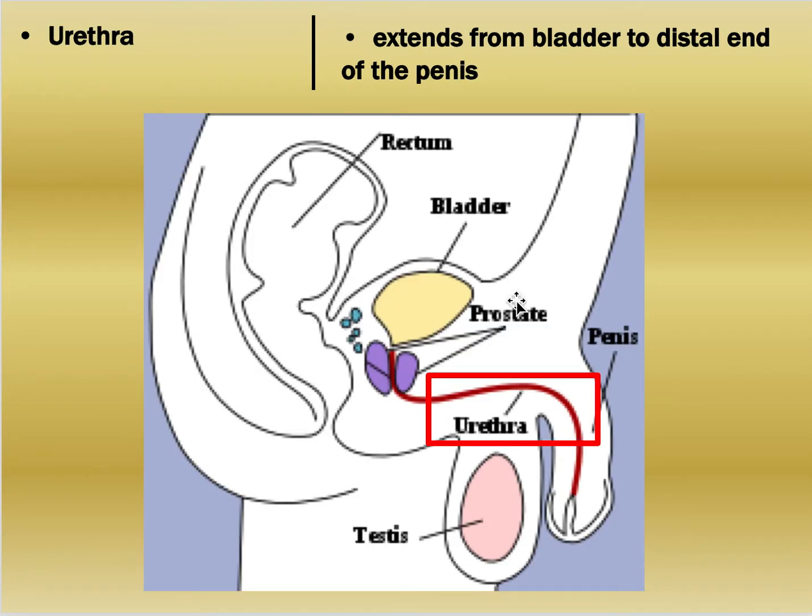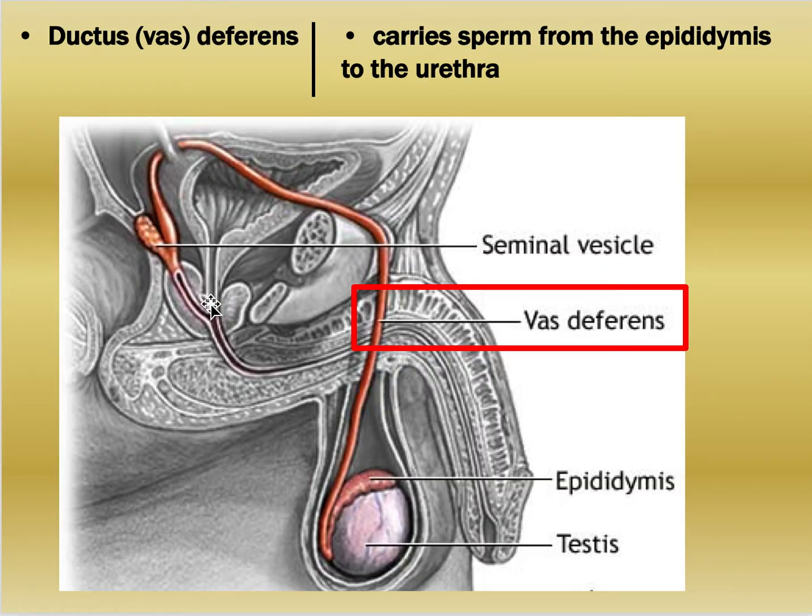Then you have the urethra. We know that. We talked about that. That's going to be connected to the bladder. Okay, so we go back to this. Here's the bladder here.